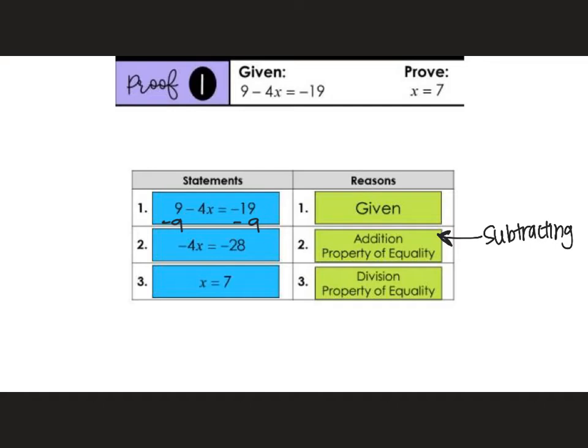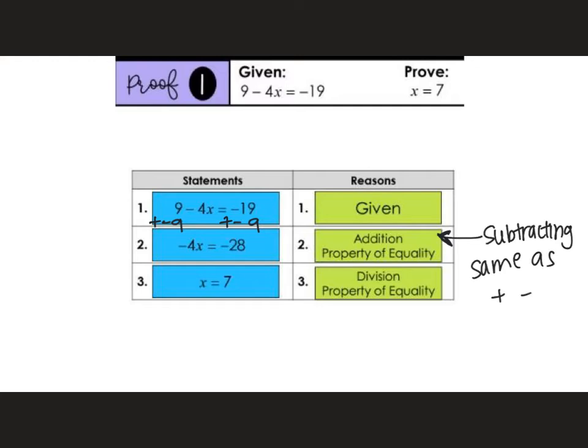So what they want is that instead of subtracting, you can add. You can add a negative. Subtracting is the same as plus a negative, right?